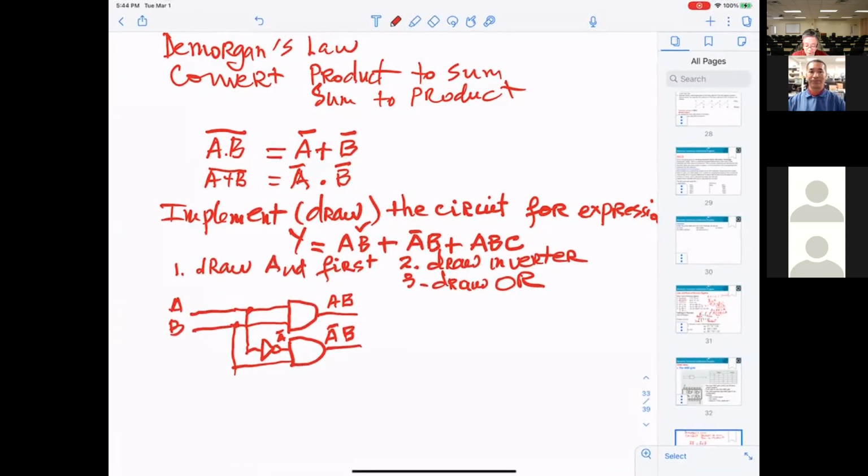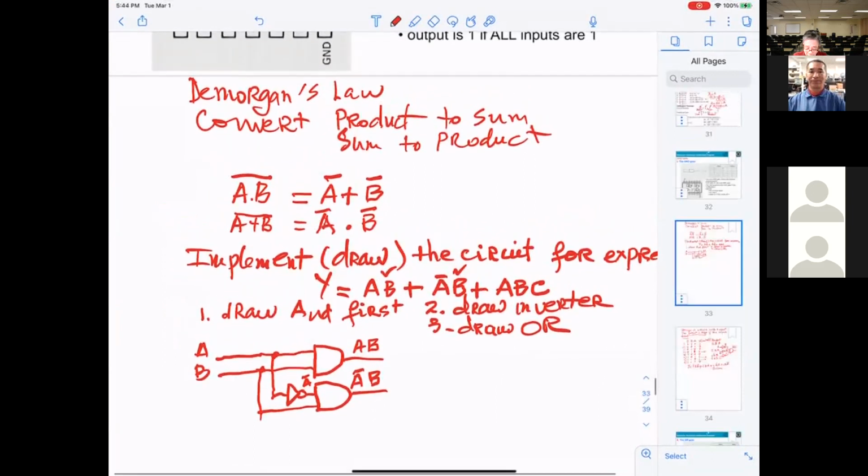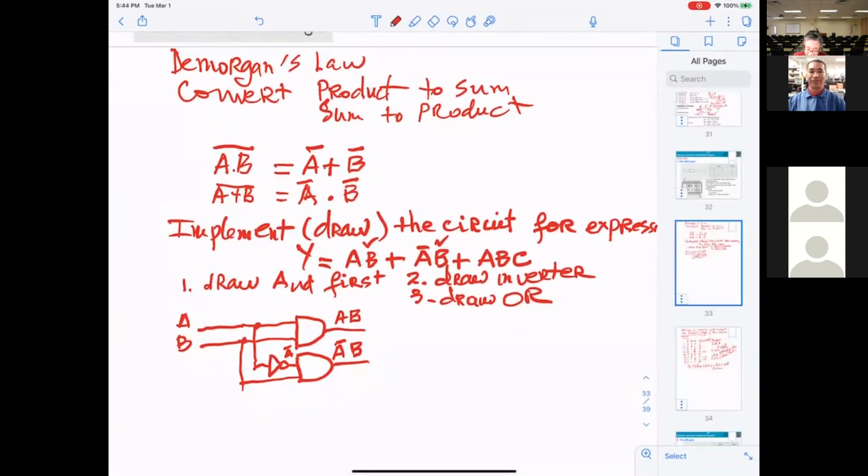Now, the last one will be A and B and C. Okay, now you get A and B right here, and you only need C. So you get the gate. Draw that one here.